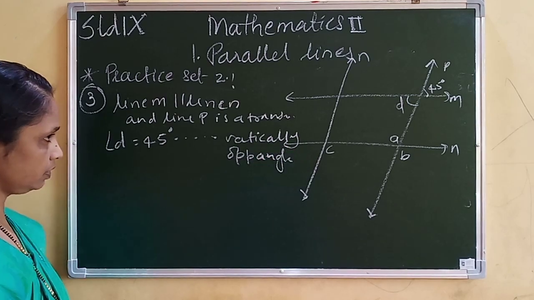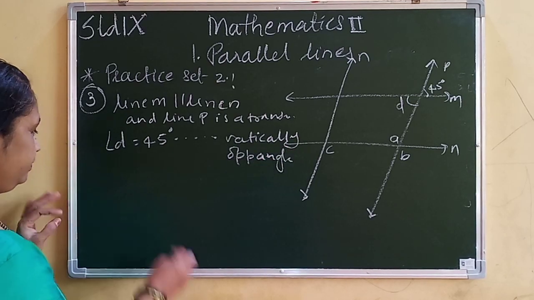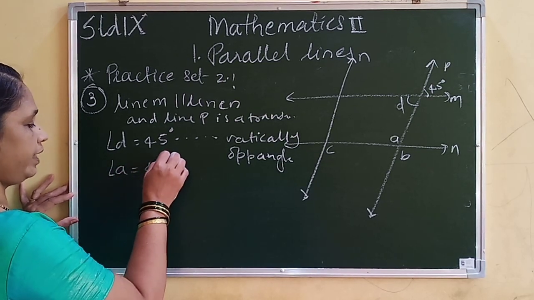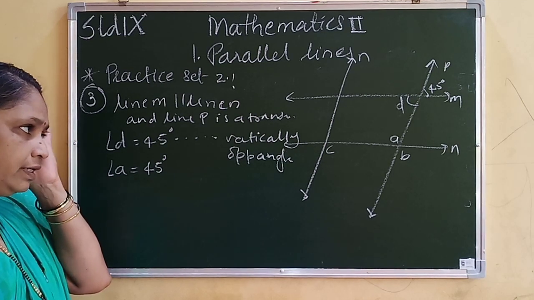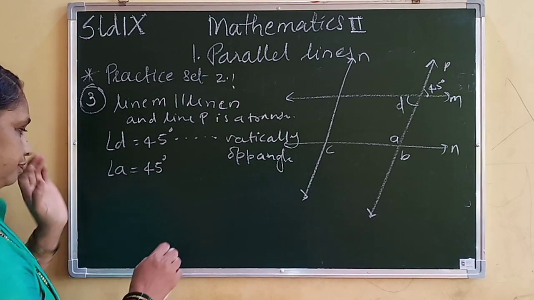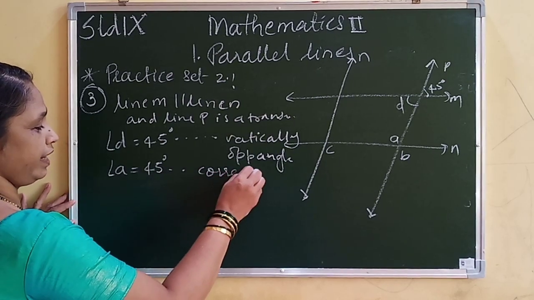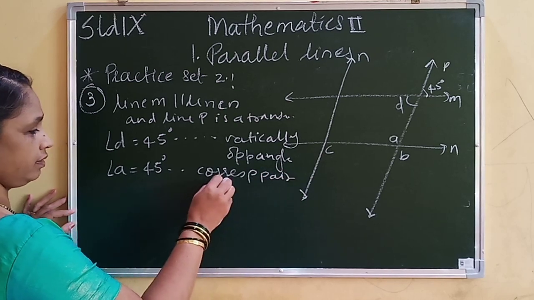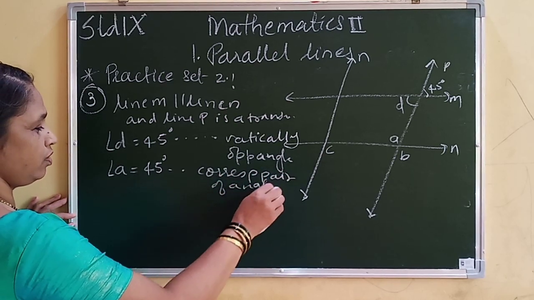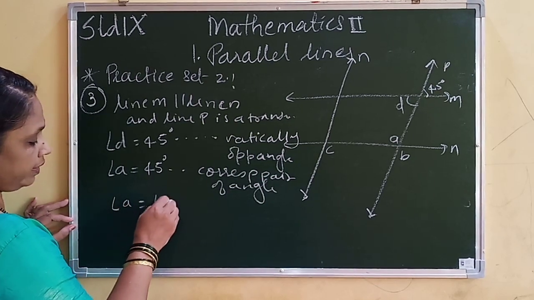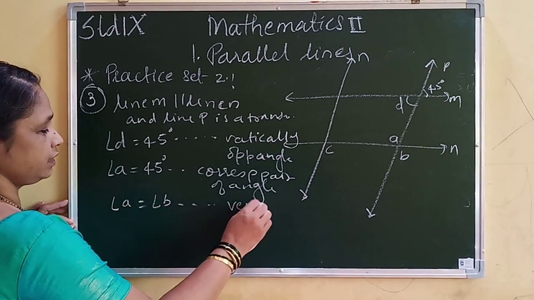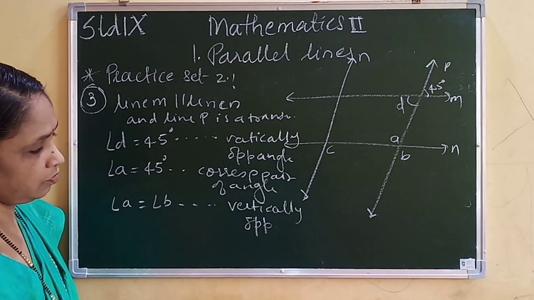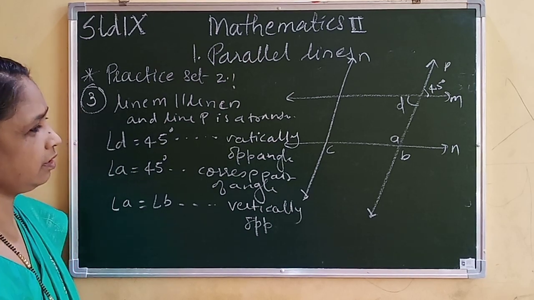Now angle A is equal to 45 degrees, as they are corresponding pairs of angles. Now angle A is equal to angle B. Why? They are vertically opposite angles.